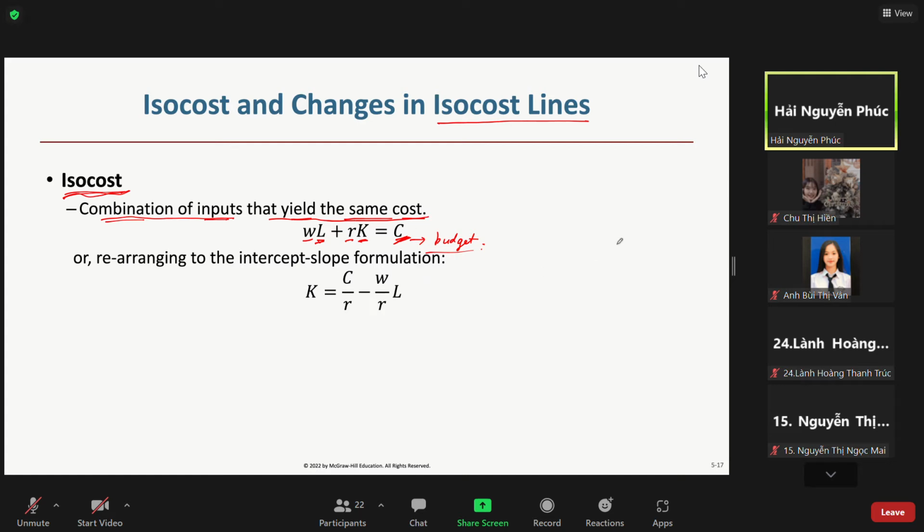If we want to draw it on the graph, recall that we draw the quantity of K on the vertical axis and the quantity of L on the horizontal axis.